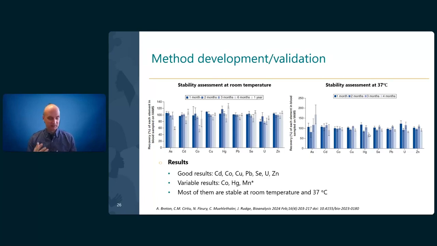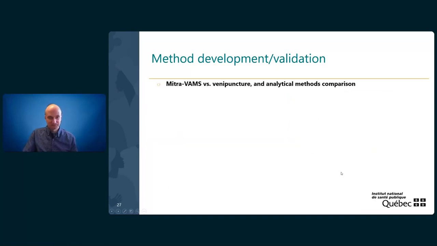But we then got good VAMS devices without manganese contamination, and it allowed us to fully validate the method for manganese. But unfortunately, the stability test is not yet completed. So roughly, most of them are very stable at room temperature, as well as at 37 degrees.